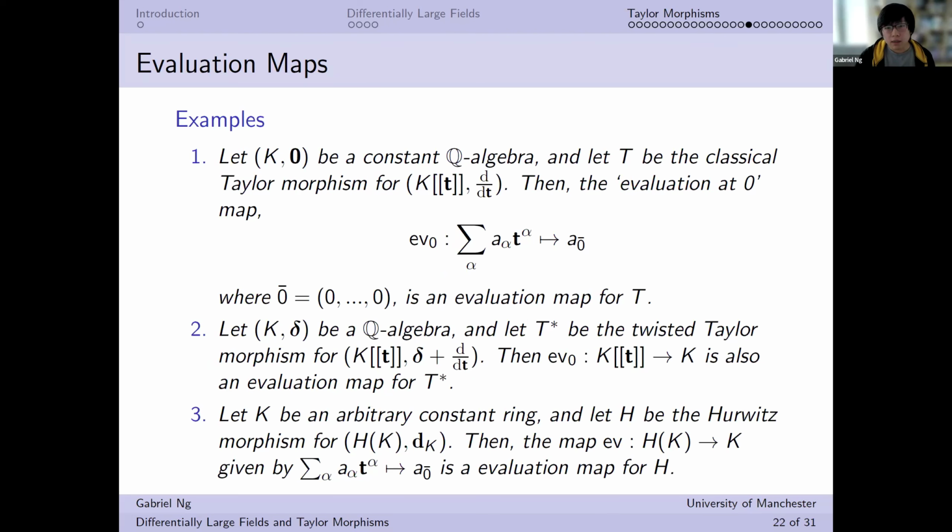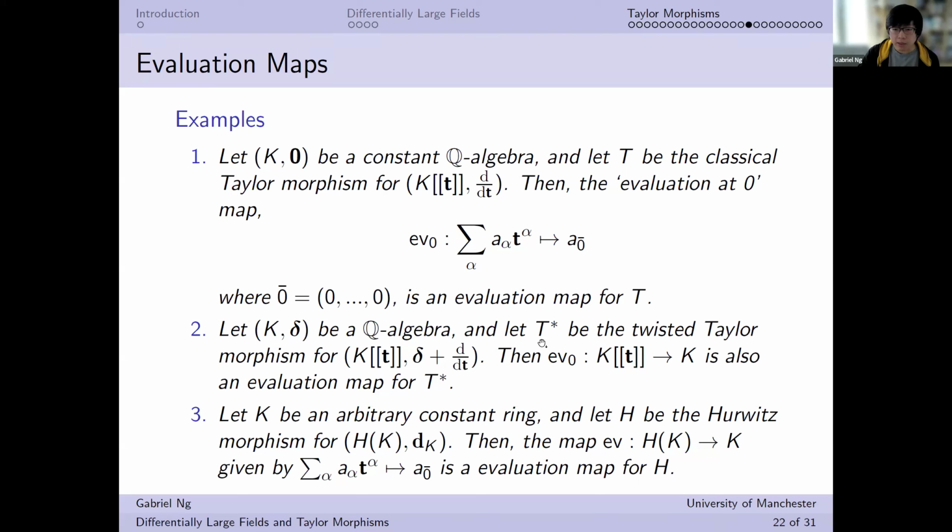Some examples of these evaluation maps are, firstly, if we take a constant Q-algebra K and T to be the classical Taylor morphism for the power series ring, then the evaluation at 0, so taking a series to its constant term coefficient, is an evaluation map for this classical Taylor morphism.